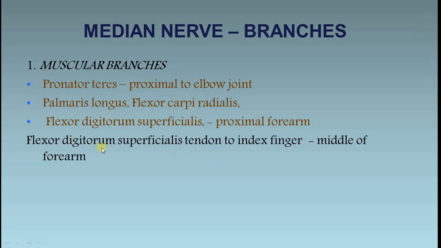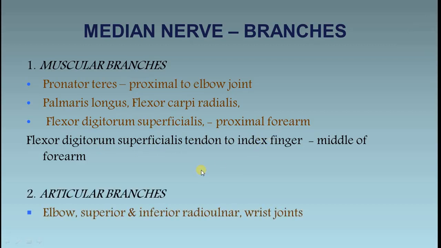Only the nerve supply to the superficialis tendon of the index finger will be involved. Then articular branches to the elbow joint, superior and inferior radioulnar and wrist joints. Since the nerve passes through all these joints, definitely it will supply the joint, the muscles around the joint, and also the skin on top of the joint.